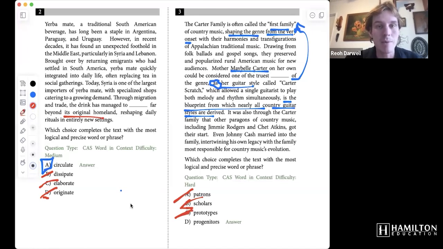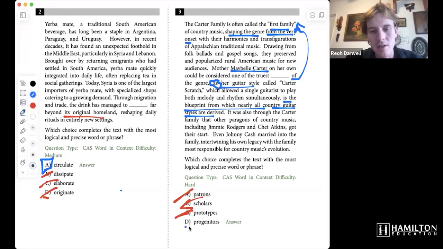A prototype is an object. It is the first thing. Proto meaning first or before, and then type meaning thing, object. It's the first object, right? The prototype of any object is the first one made. Usually it's something of a test. She's not an object, though.